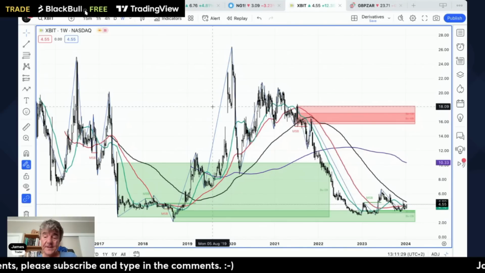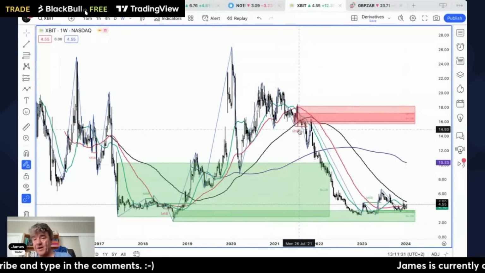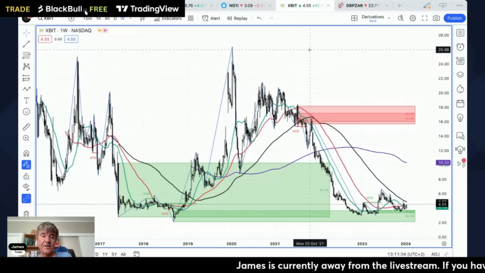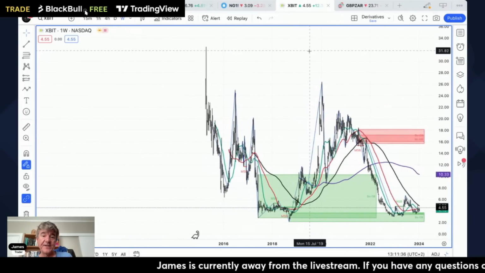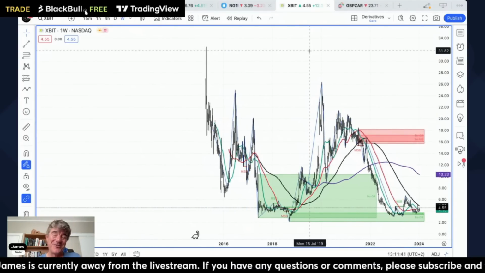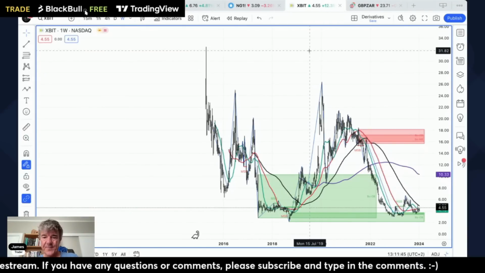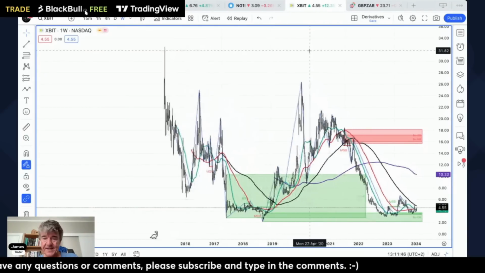We're down at $4.50. We've been up as high as $26, $27. In fact, even higher, about $30. Actually, this chart's very similar to the URA ETF, funny enough, and it's got nothing to do with it. It's just by the by. But we're right at the bottoms here.